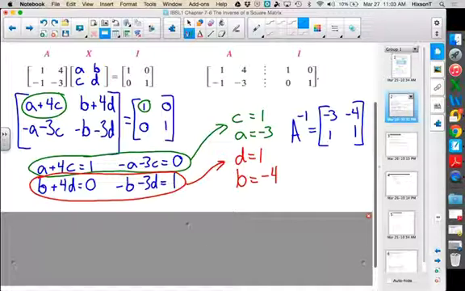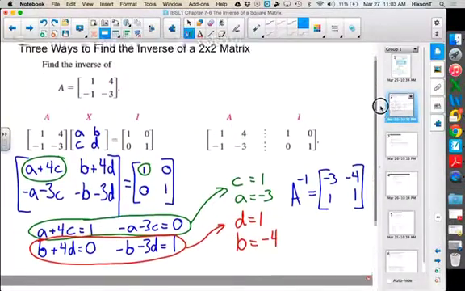This is where we get the A plus 4C, B plus 4D. We got those because when I multiplied the matrices together, this is what I got. Why did I multiply like this? Well, I multiplied like that because remember, if I'm trying to find A inverse, I know that A times A inverse has to equal my identity, right?